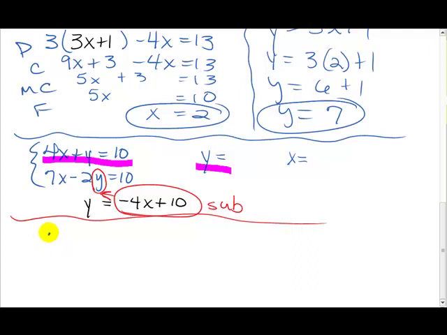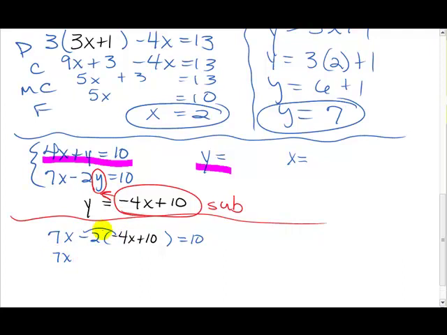So we have 7x minus 2. I'll leave space there for my y. And then I'm going to bring my sub and put it in. And then it's back to solving.